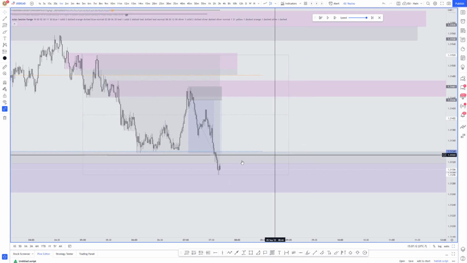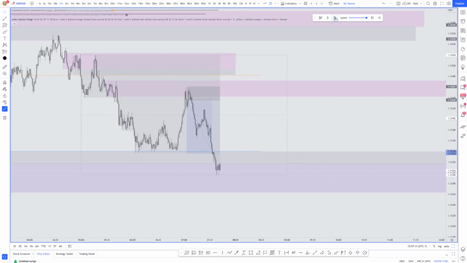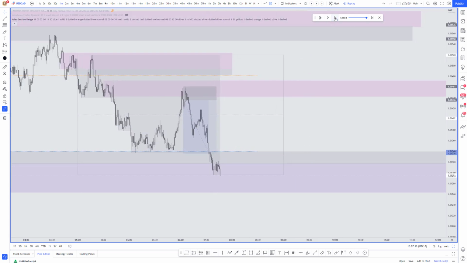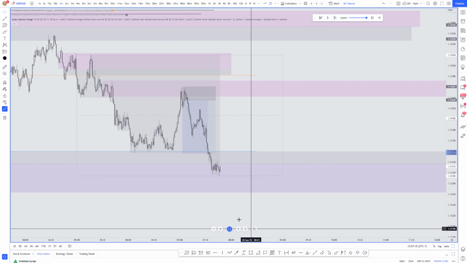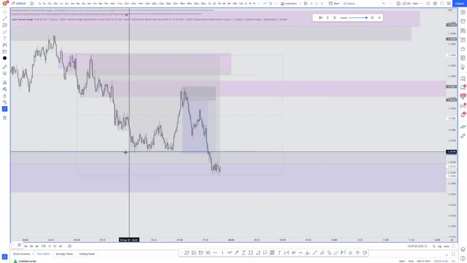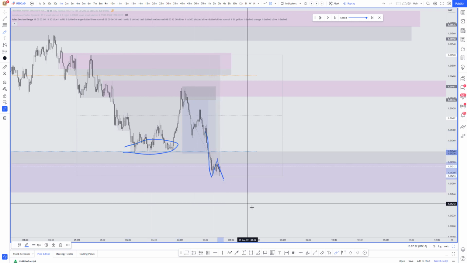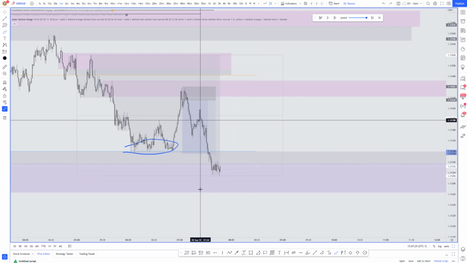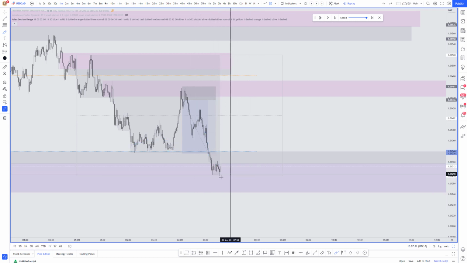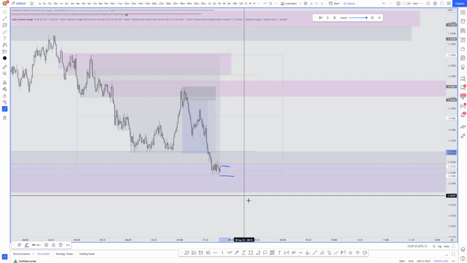All right, so you're getting a bit of a pullback. All right, so if this was our first drive into the imbalance, second, you got a pullback, third. For me, I would probably market execute this.